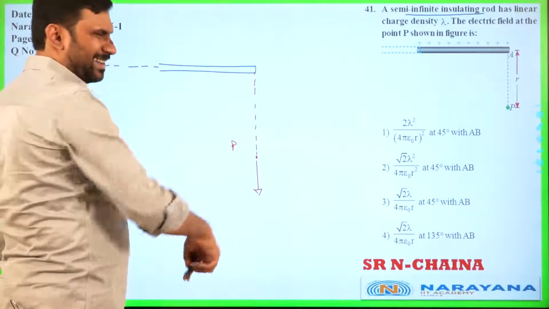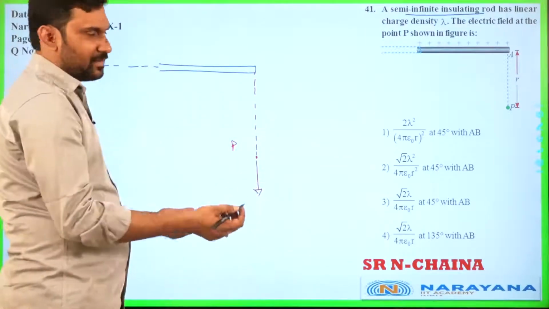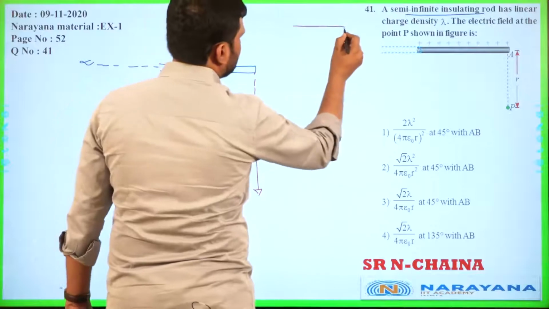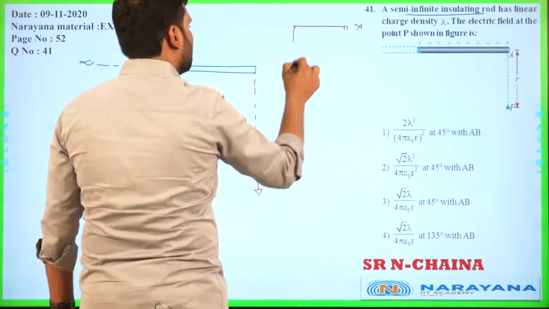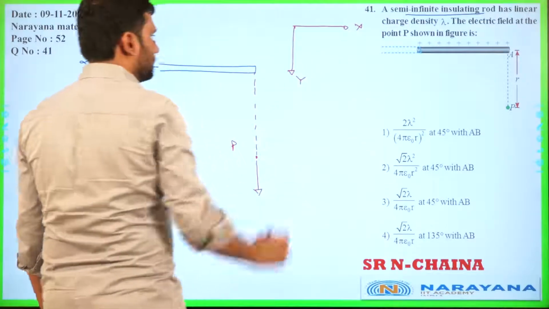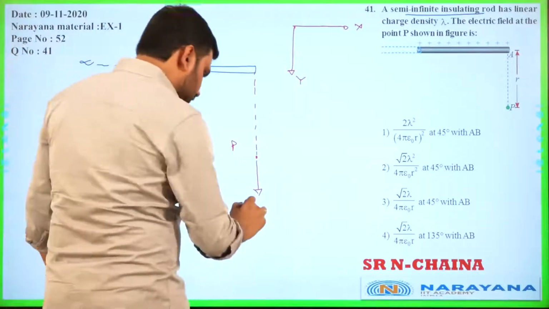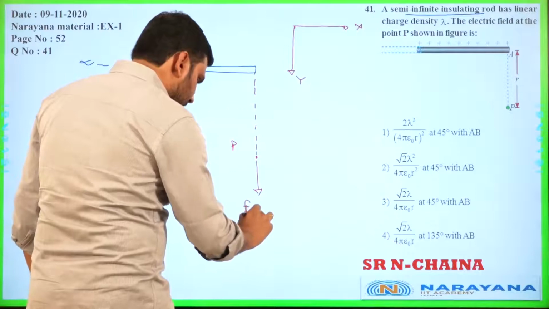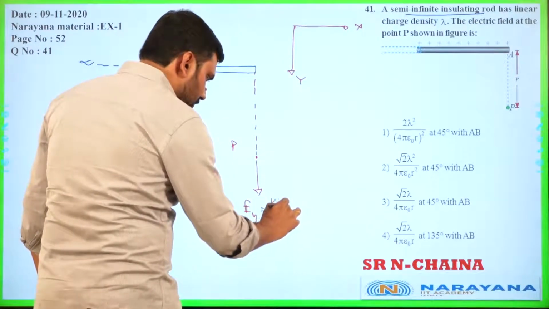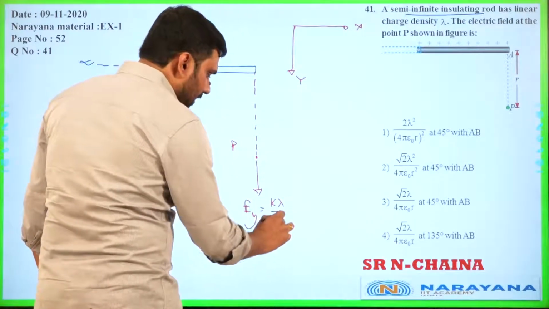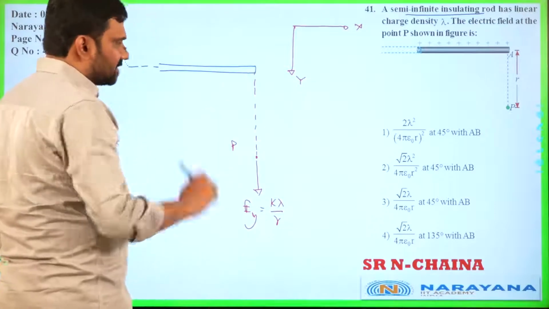It depends on which coordinate system you are choosing. I can take this as x and this as y. So this is the y component that is coming. So we know Ey is equal to k lambda by r if it is r distance away.